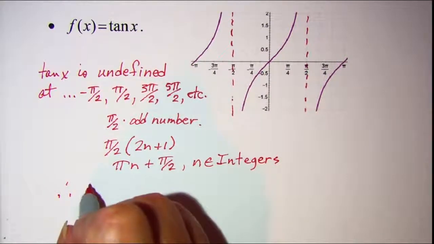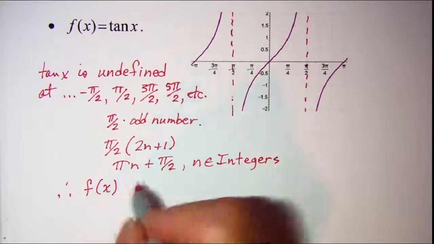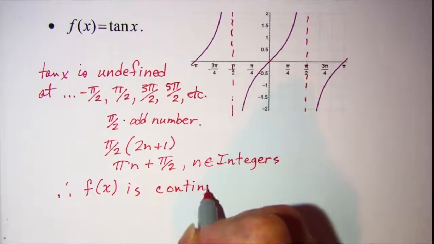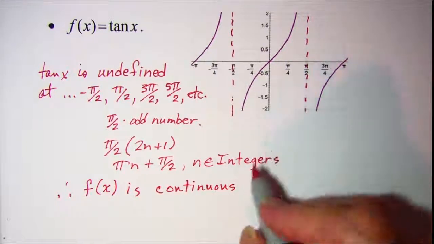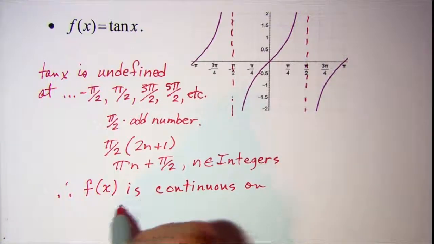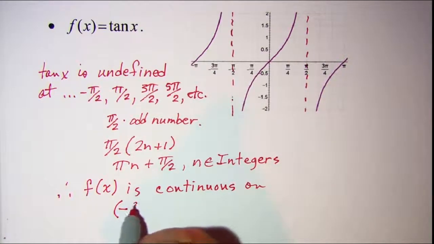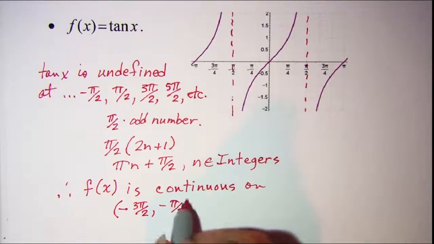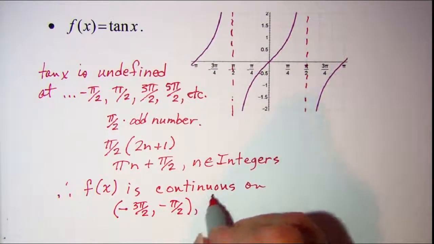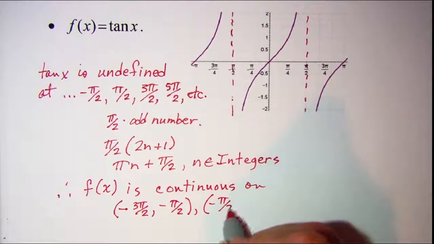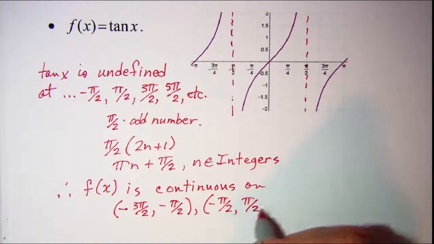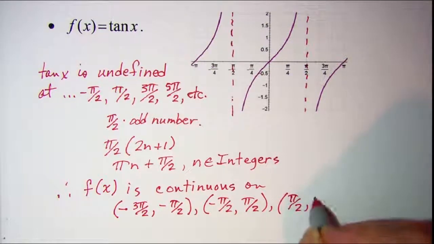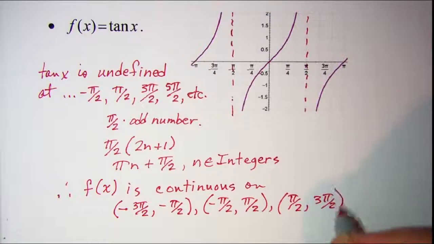Therefore, f of x is continuous on negative 3 pi over 2 to negative pi over 2, negative pi over 2 to pi over 2, pi over 2 to 3 pi over 2, and so on.